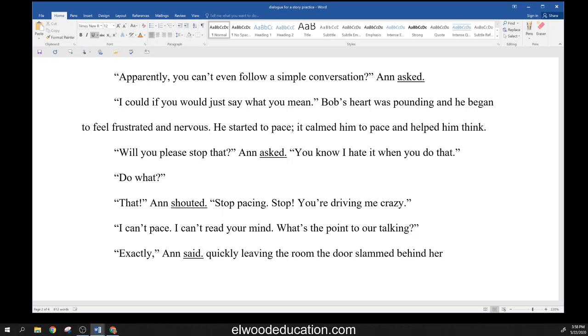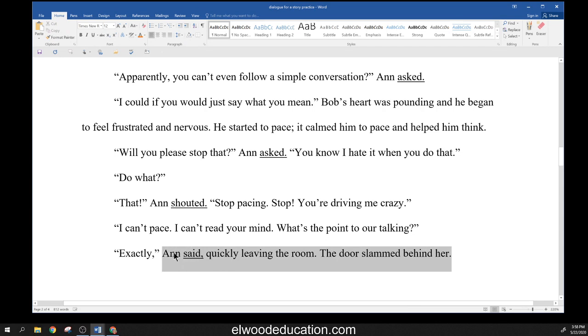But now we have quickly leaving the room, the door slammed behind her. So quickly leaving the room, I'm going to set aside with a comma. And then I have an independent clause after that, so I'm going to capitalize that T and put a period at the end. This is narration, not talking.